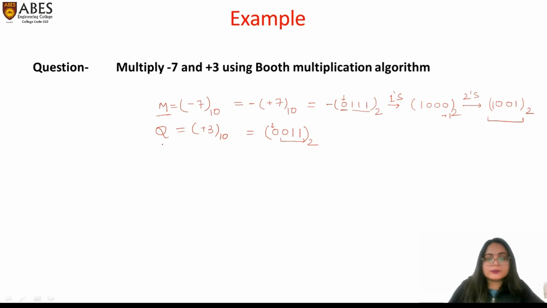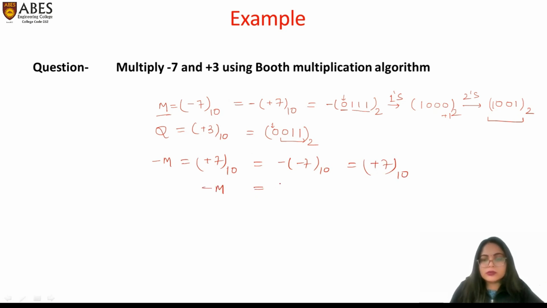Now we need to compute the minus M value also. So minus M becomes minus minus 7, which will automatically be plus 7. So this is equal to 0, 1, 1, 1. This 0 indicates that it is a positive integer.